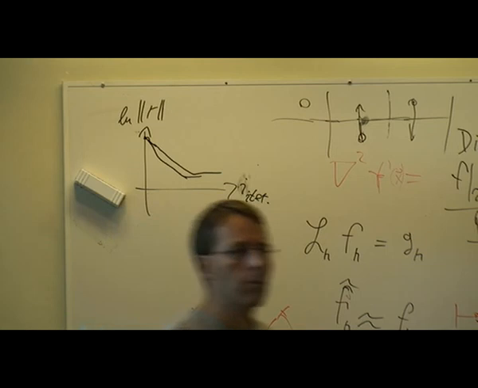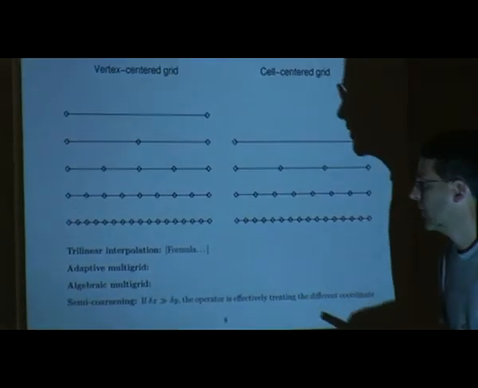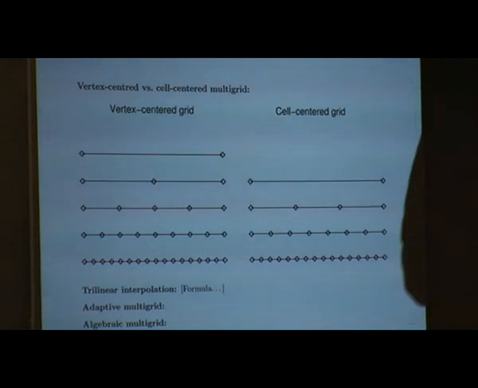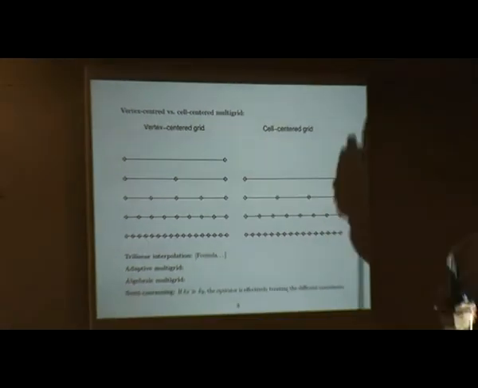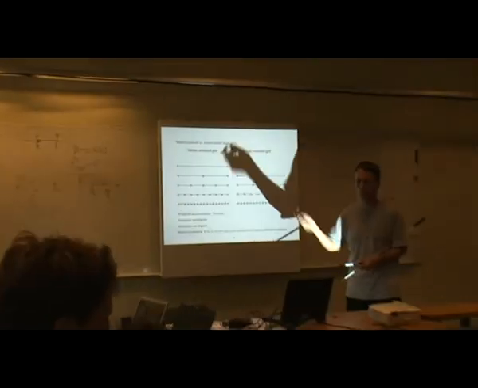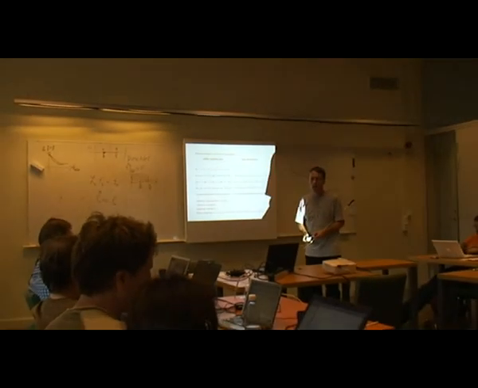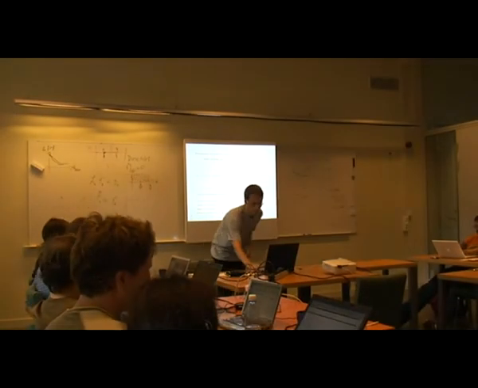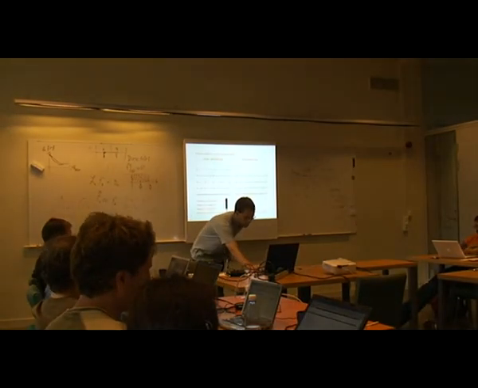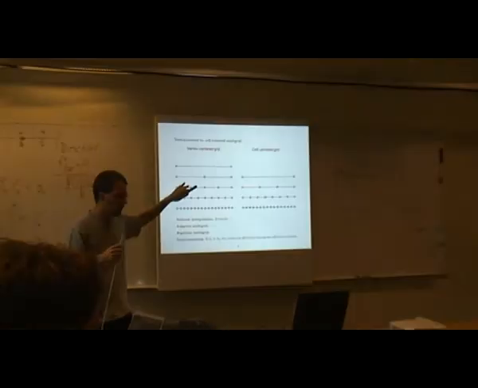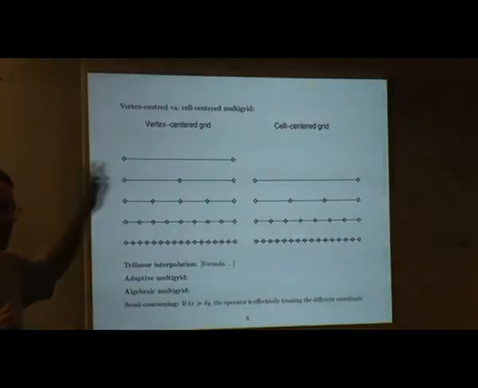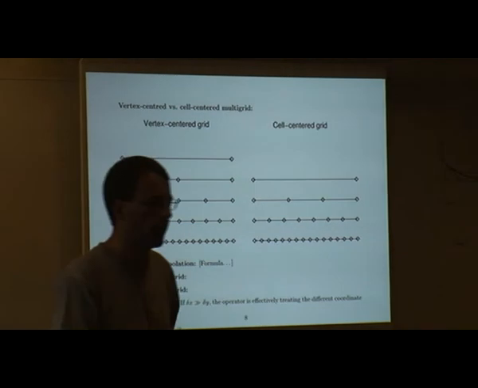So it doesn't buy you that much, and it has some numerical cost attached to it, and particularly some coding costs before you know that you really get it right. So I stuck with what people normally use for Laplacian, a trilinear interpolation. This is what I just outlined is implemented, and I'll show an example of how it works.